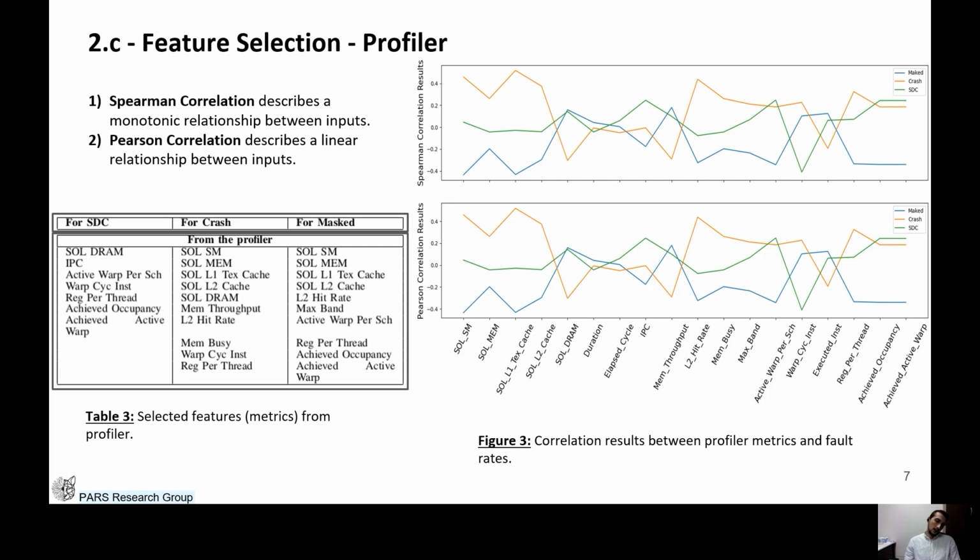For example, the Sol SM metric for the crash faults has a correlation result which is greater than 0.2. Hence, we select this Sol SM metric as our feature. The other selected metrics are listed in this table for each fault type.